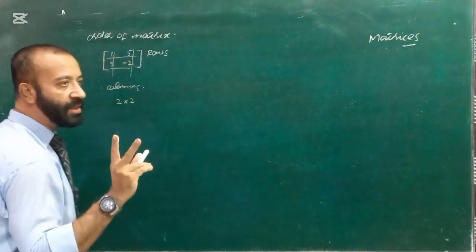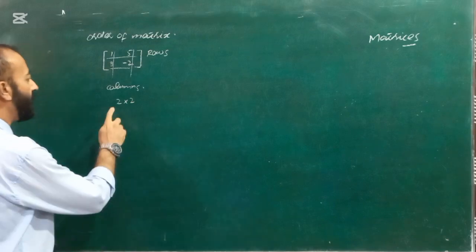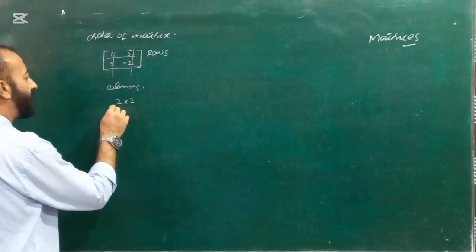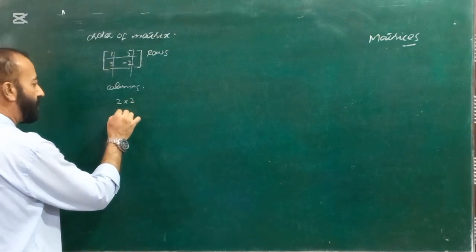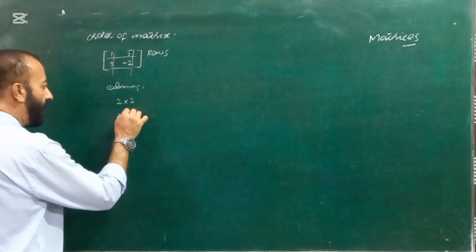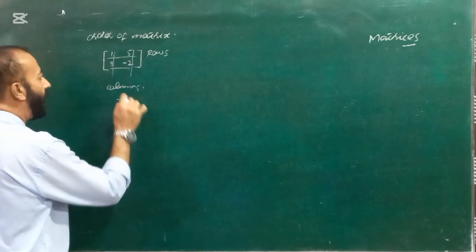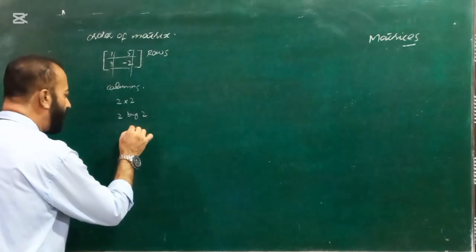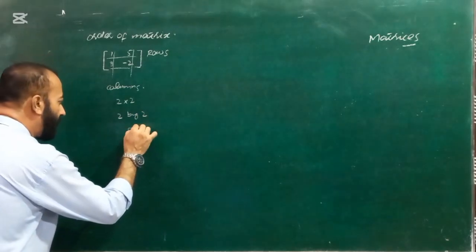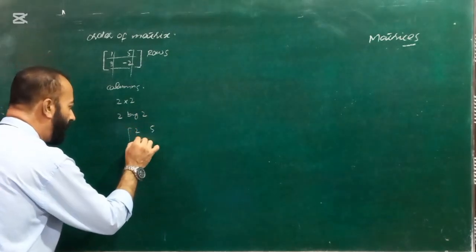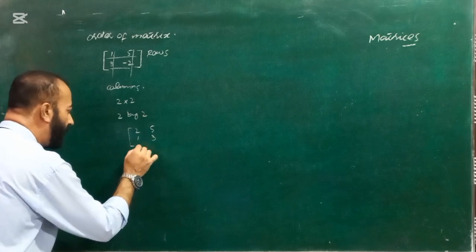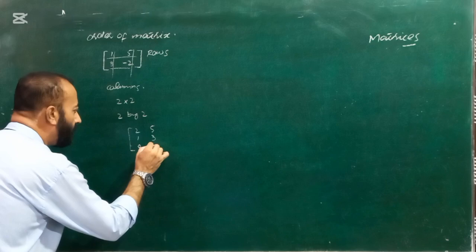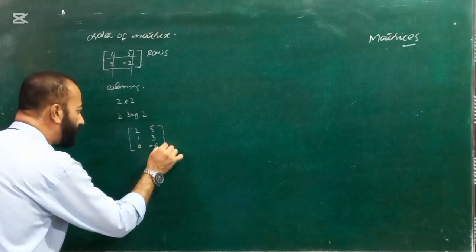There are 2 methods to write the order of the matrix. One is this method, and second you can write like this. First you have to write the rows, then you will write by, and then columns. Okay, I'm going to write another matrix. For example, 2, 5, 1, 3, and 0, -6.